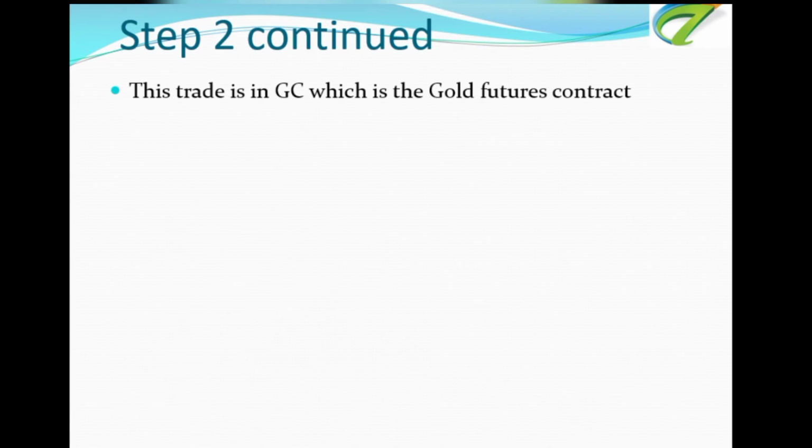This trade is in gold, GC, which is the futures contract. The value per tick is $10, and the tick size is 0.10.